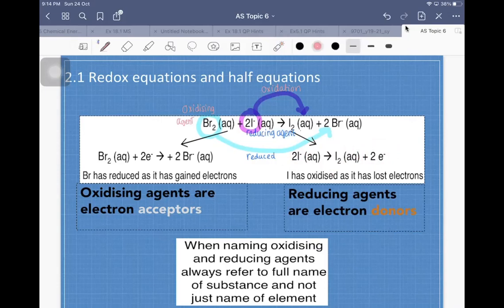Confused yet? Just bear with me. Bromine is an oxidizing agent that gets reduced. Oxidizing agent that gets itself reduced.